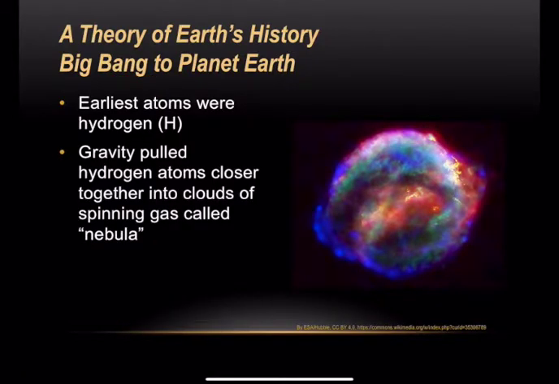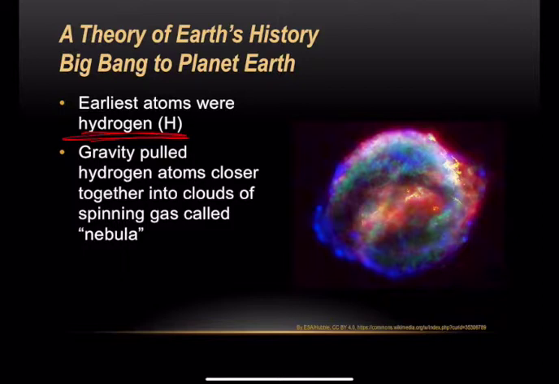Well, after the Big Bang, we end up with just a whole bunch of hydrogen atoms. Maybe a little bit of some other things, but mostly just hydrogen atoms. And these hydrogen atoms were out in space, but anything with mass, one hydrogen atom has mass, will pull itself towards anything else with mass.